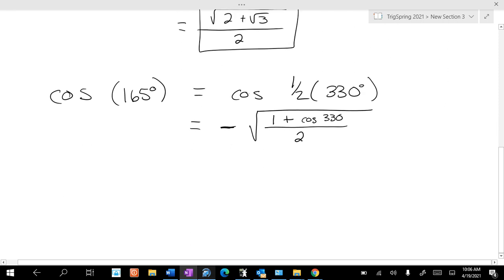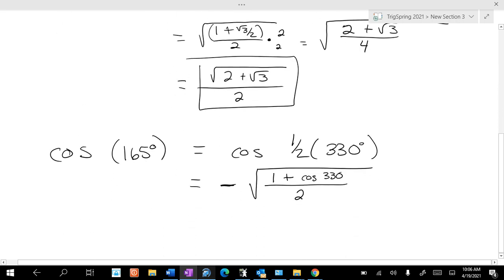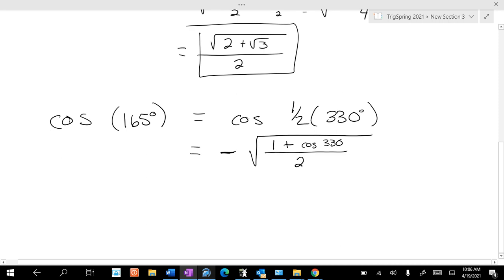No, it's 1 plus. For the cosine? Yeah, I have it written down as a negative. Am I wrong? You're wrong. It's a plus for that one, because the sine one is negative and the cosine one is positive. I just had it written down.